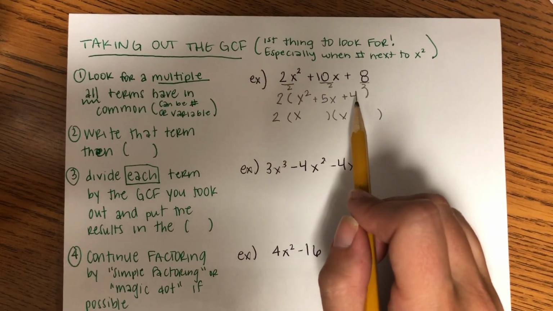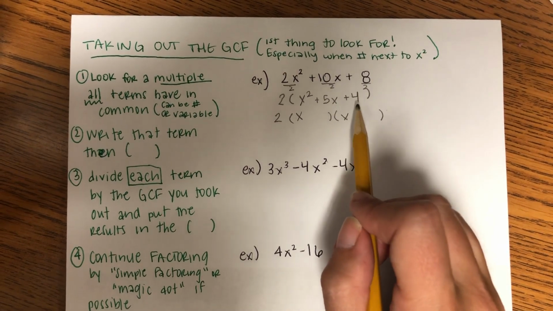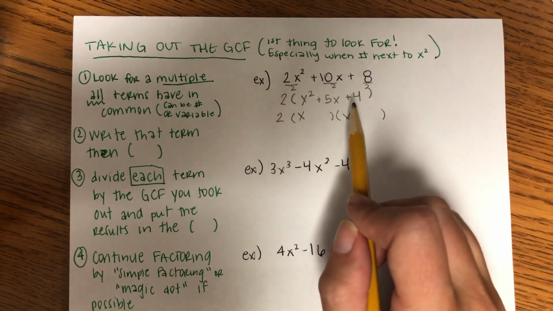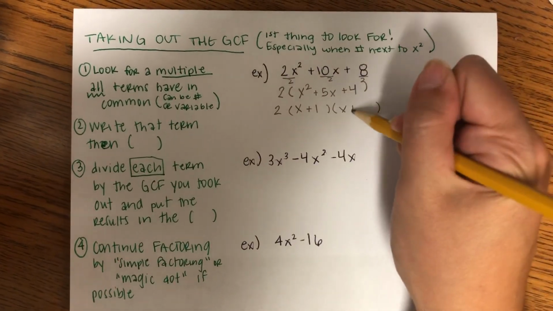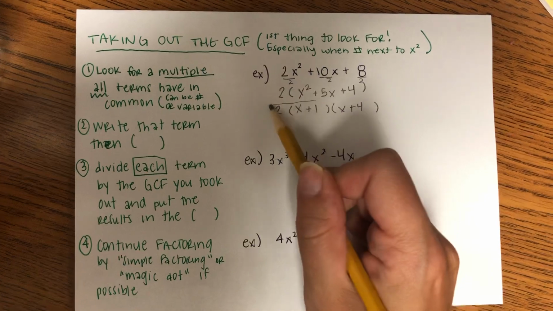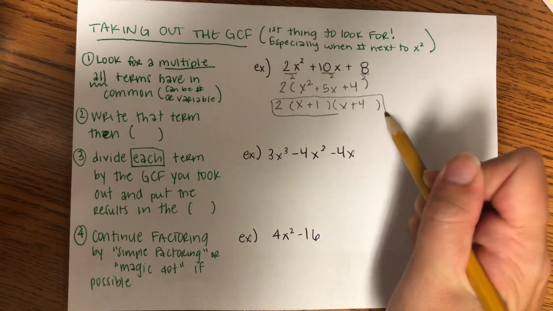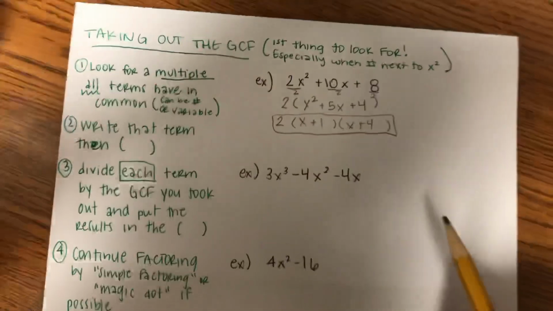Well, numbers that multiply to 4 that give me 5 could be 1 and 4. 1 times 4 is 4, and 1 plus 4 equals 5. So that's a positive 1 and a positive 4, and voila, completed.